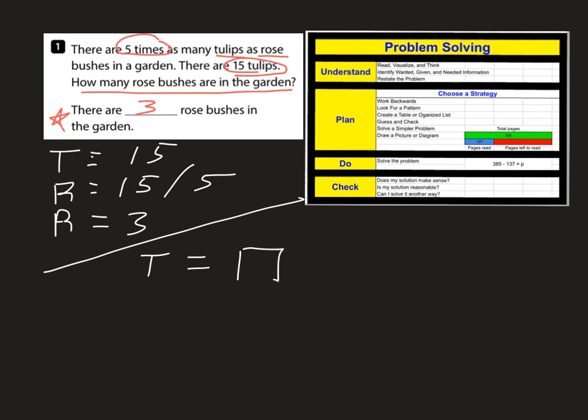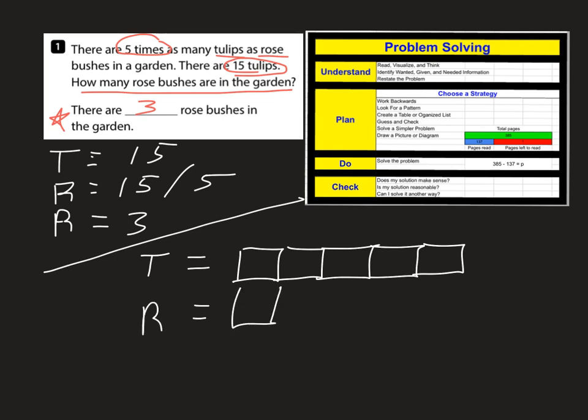So I'm going to go ahead and do 1, 2, 3, 4, and 5. So here's my rose bushes, 1. Alright, so I can see that my tulips are 1, 2, 3, 4, 5 times more than my rose bushes. Tulips are 5 times more than the rose bushes.